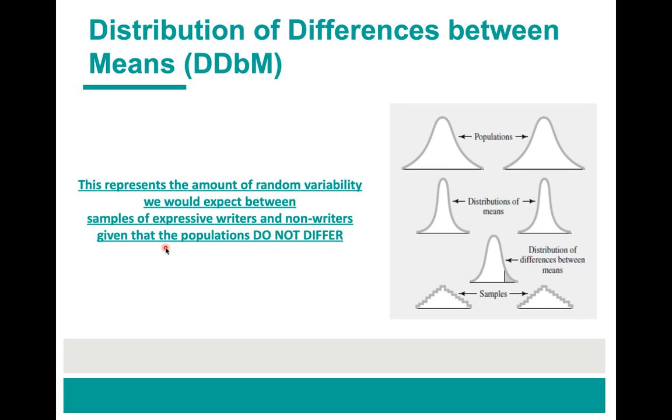And that's why the t-test is a ratio, a fraction. It's a ratio of observed difference compared to expected random difference. And if our observed difference is greater than our expected random difference, then we're more likely to conclude that the groups do differ.